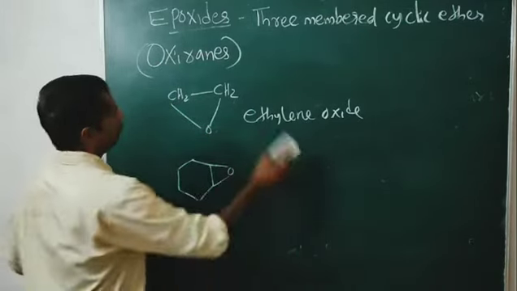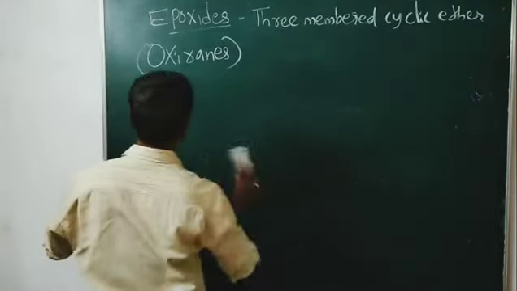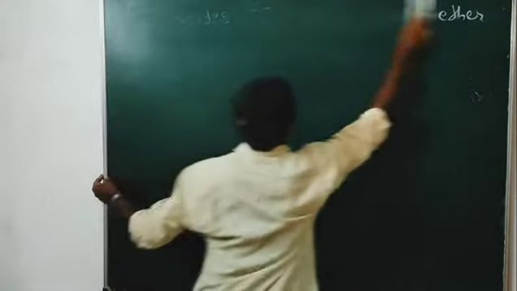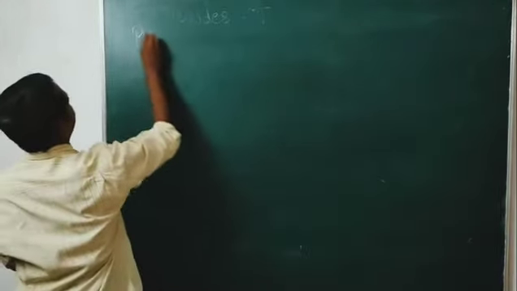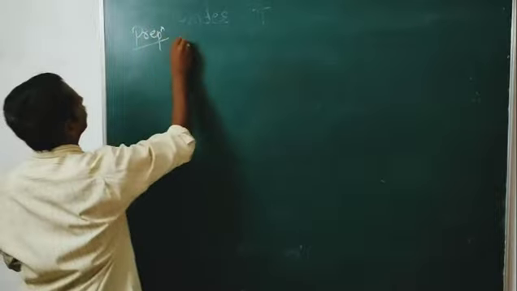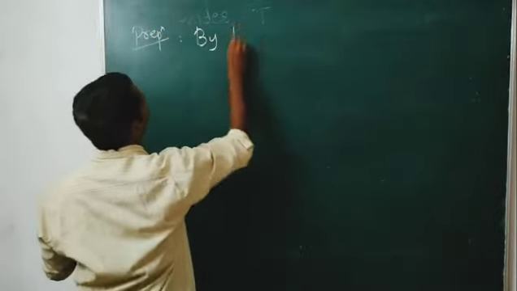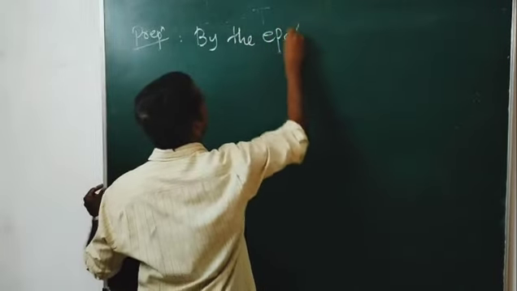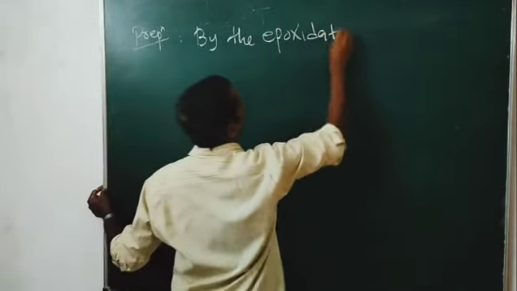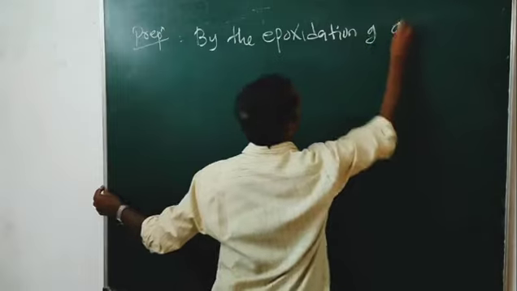Okay. Preparation. Epoxides are also known as oxiranes. Preparation is by the epoxidation of alkenes.